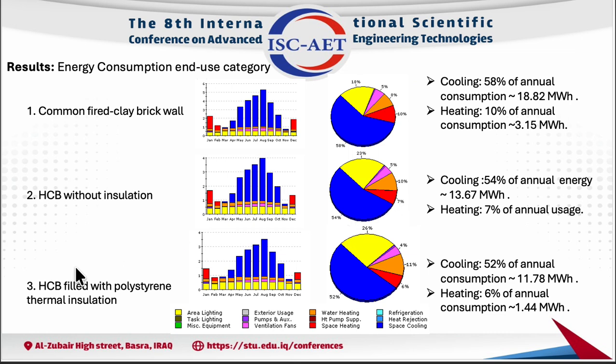And in the final case, the hollow concrete block filled with polystyrene thermal insulation, the cooling drops to 52%, which is approximately 11.78 megawatt hour, and the heating consumption decreased to 6%, which equals 1.44 megawatt hour. These results clearly show that adding polystyrene significantly improves the thermal behavior of the wall, reducing both the cooling and heating loads.